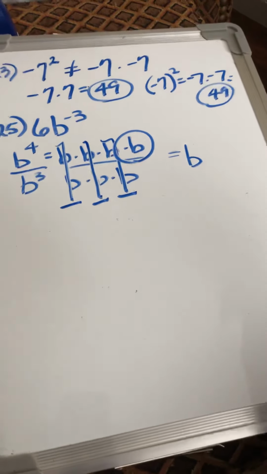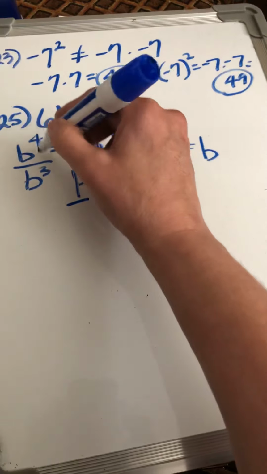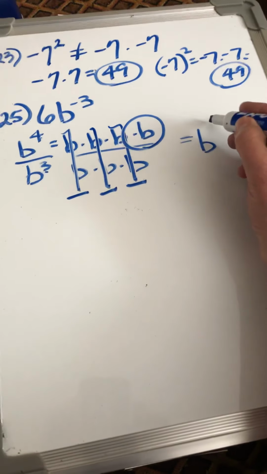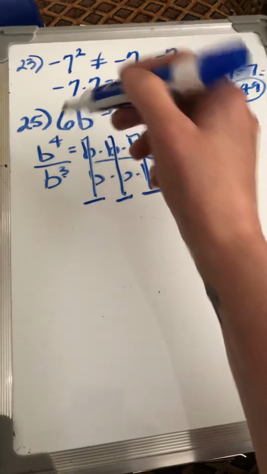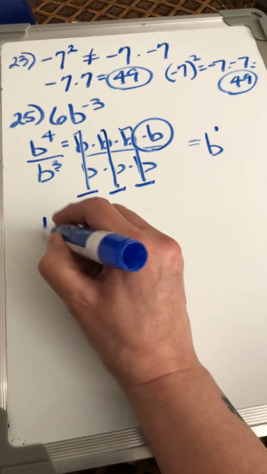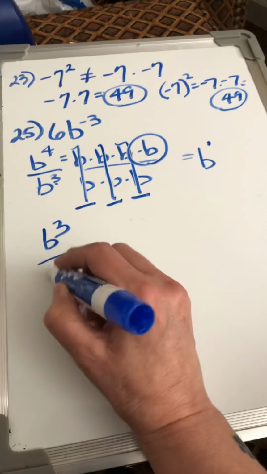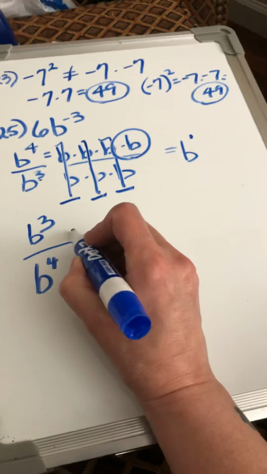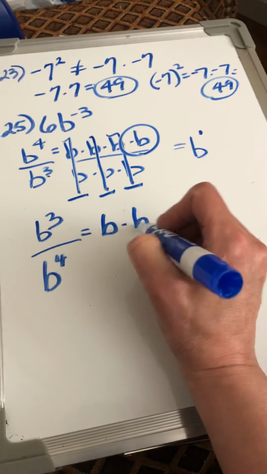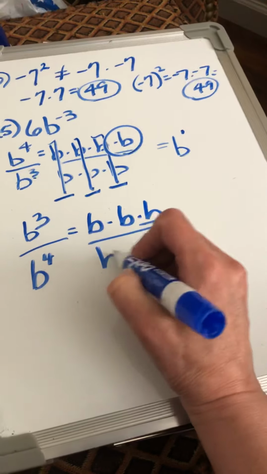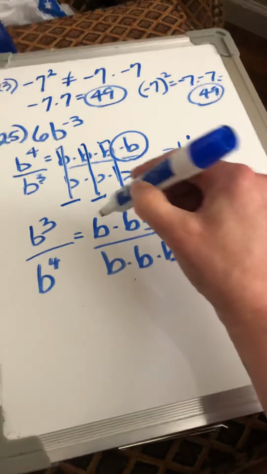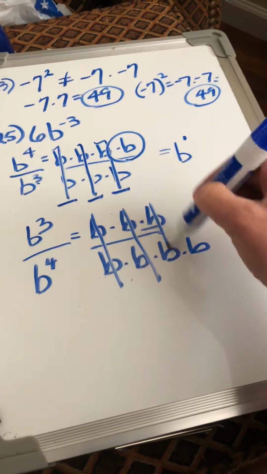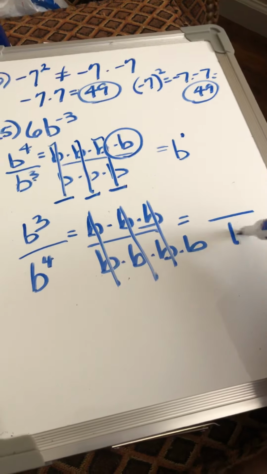And you might see, oh, well, I could just go 4 minus 3 and get there. Yeah, you could. So let's turn it upside down, though. Let's do b to the 3rd over b to the 4th, which is b times b times b over b times b times b times b. It's a 1, it's a 1, it's a 1, and I have a b on the bottom.